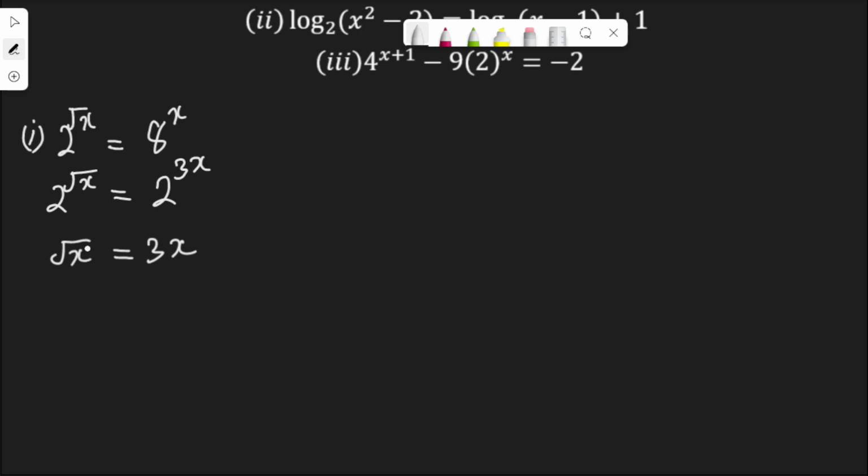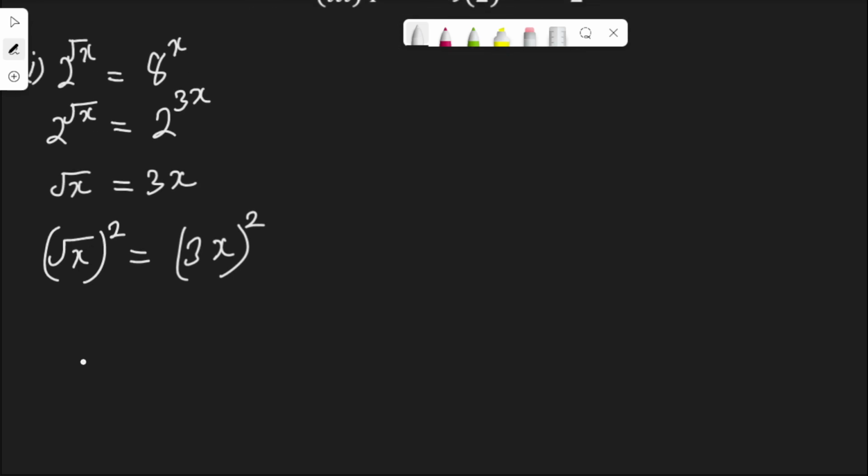When we square the left hand side, we get rid of this radical here, so that we have root x squared equal to 3x squared. Root x squared is x, while 3x squared is 9x squared.